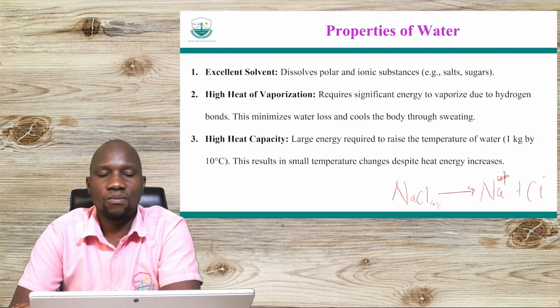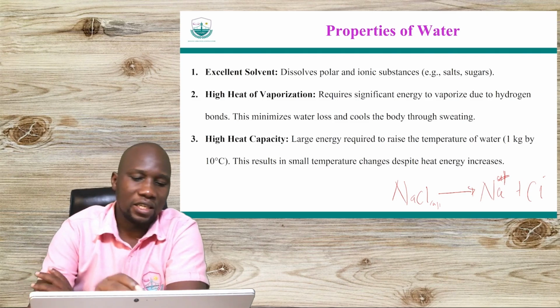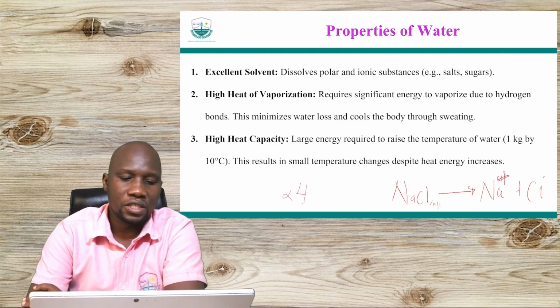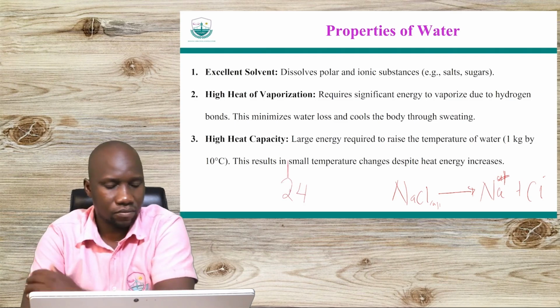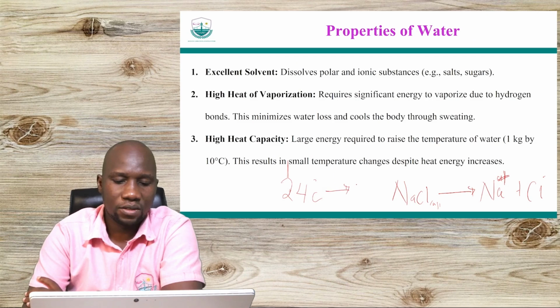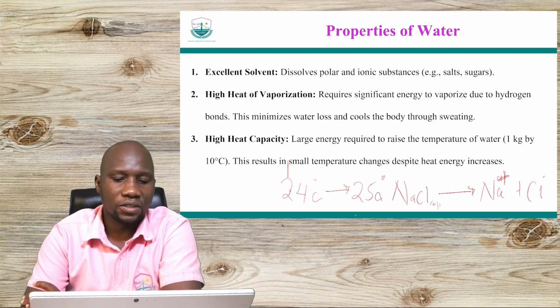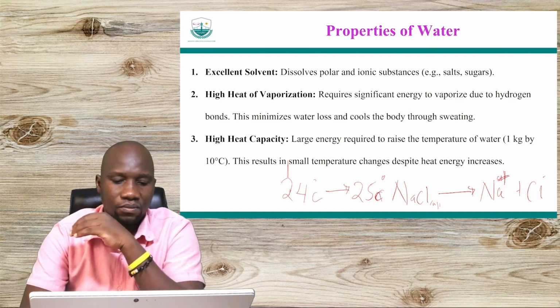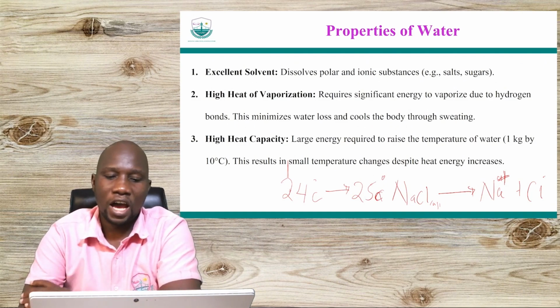So, for example, if you have water at, let us say, 24 degrees, and you want to change this to about 25 degrees centigrade, the amount of heat that you need to raise the temperature from 24 to 25 is actually high.